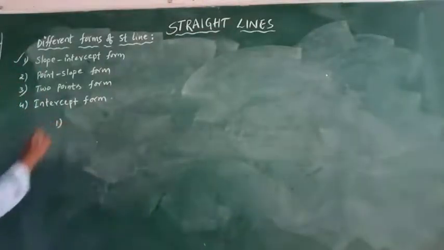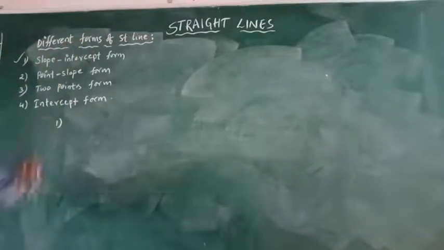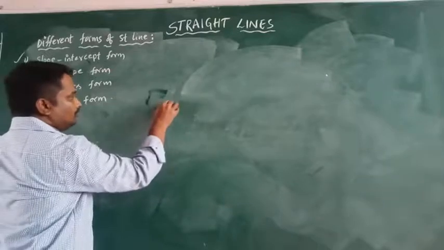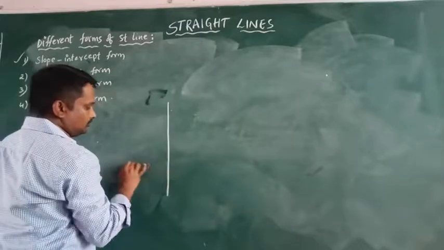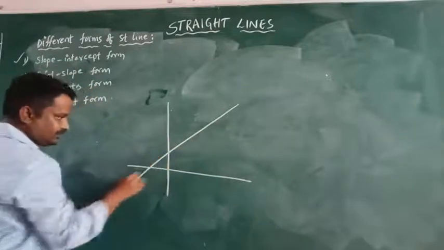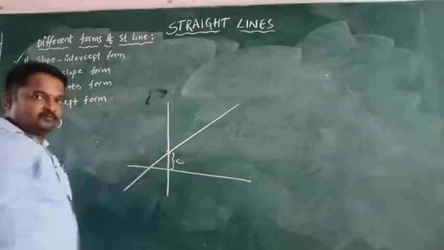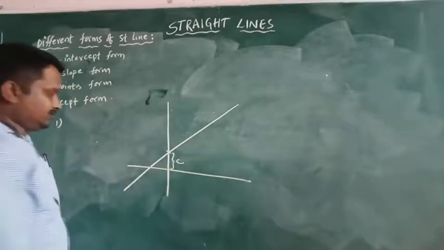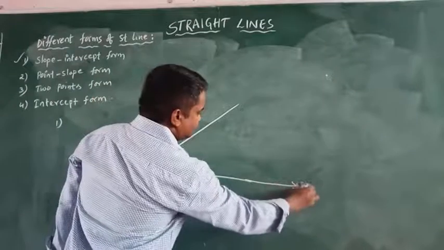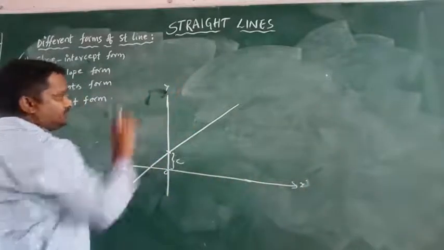Here we know the slope of a line and its intercept. Suppose I am taking a line which intercepts the y-axis at some c units distance. Here is the origin, the x-axis and the y-axis.